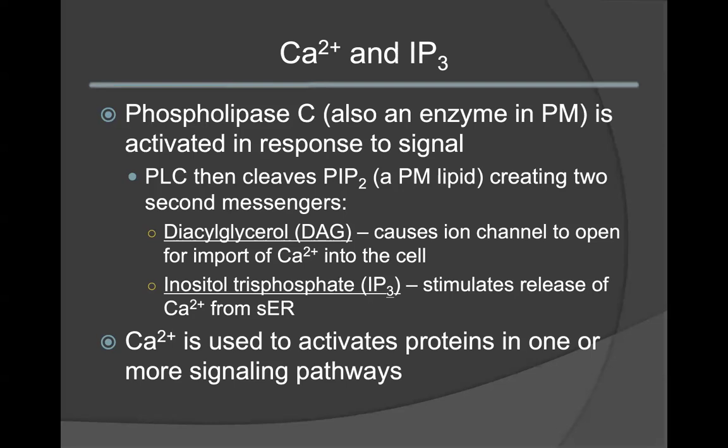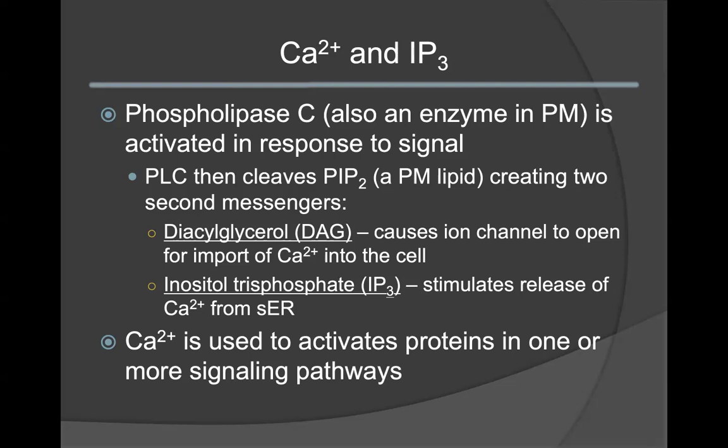Once phospholipase C becomes activated, it will cleave PIP2, which is a plasma membrane lipid. When PIP2 is broken, it will form two molecules, IP3 and DAG, inositol triphosphate and diacylglycerol. These are two different secondary messengers.